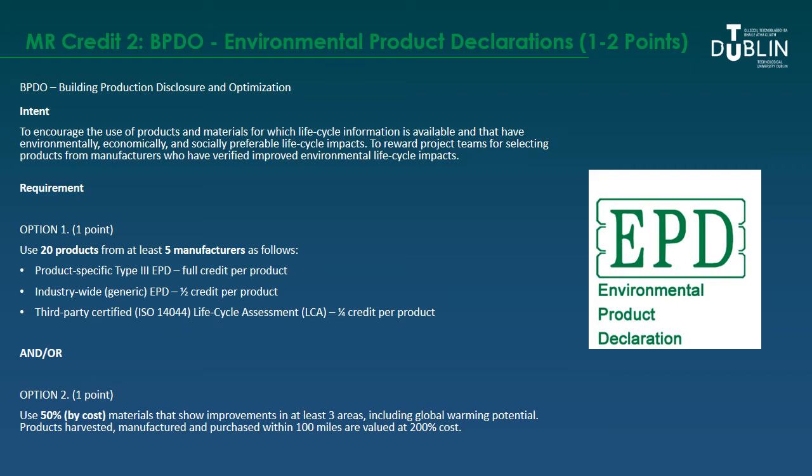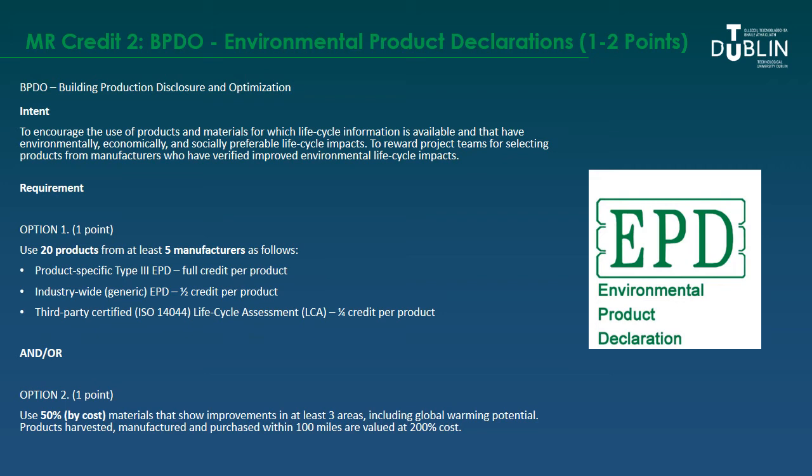And then if you have an industry-wide but product specific type 3 EPD, all of these are defined in the manual, and they use certain ISOs to verify these issues, then you'd get 1 full credit per product like that. So it would take 4 of the third party certified to make the same credits as the product type, for example. So then that's about declaration of information.